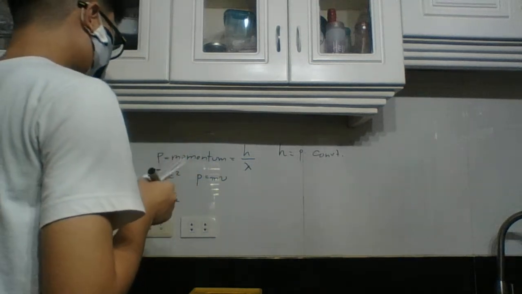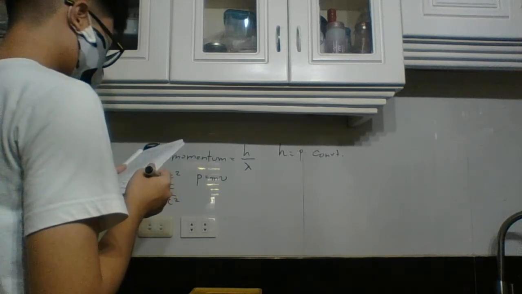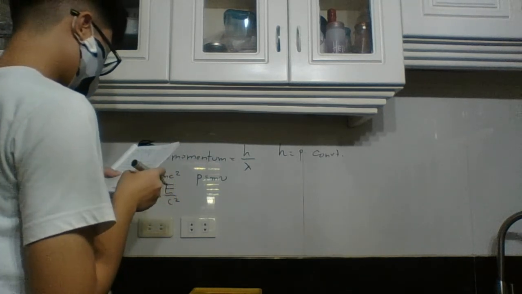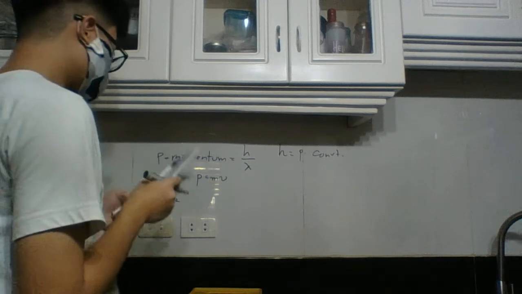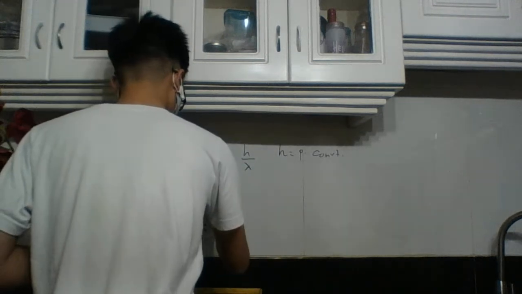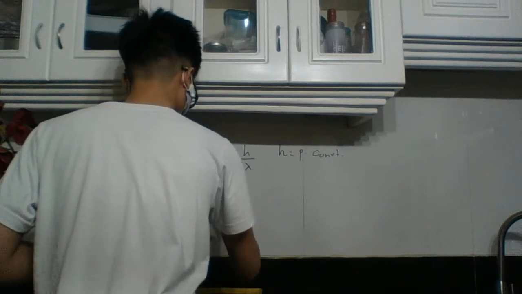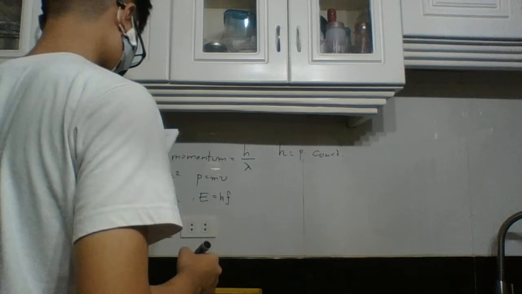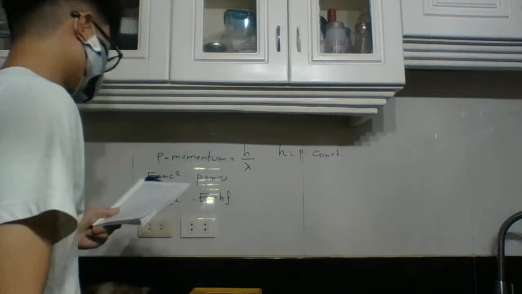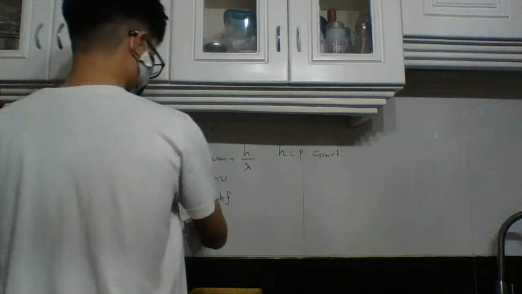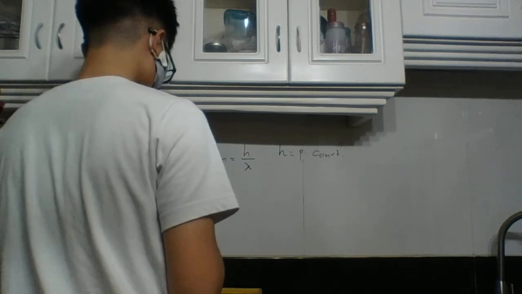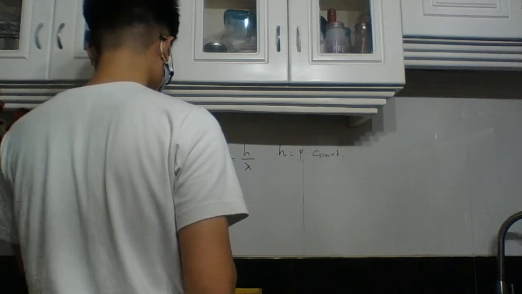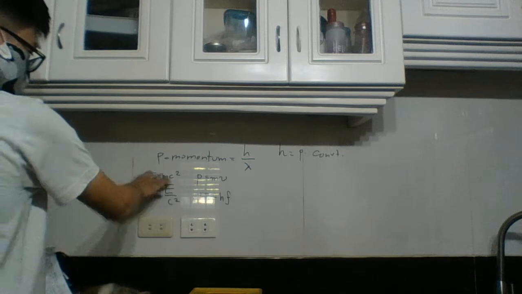And notice that according to the de Broglie relation, E is equal to Planck's constant times the frequency of the wave. Really it's just another way of restructuring E equals mc squared.